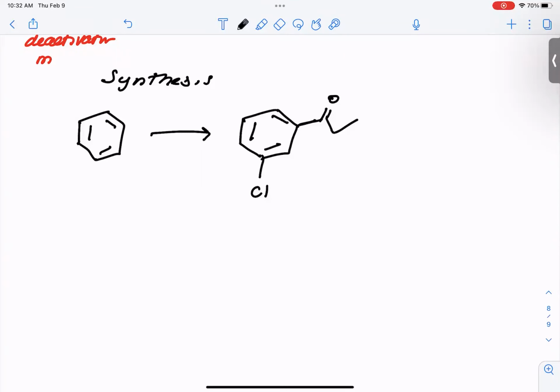All right, so you have benzene, and that's the product you want to make. You want to put an acyl group on, and you want to put a chlorine on.